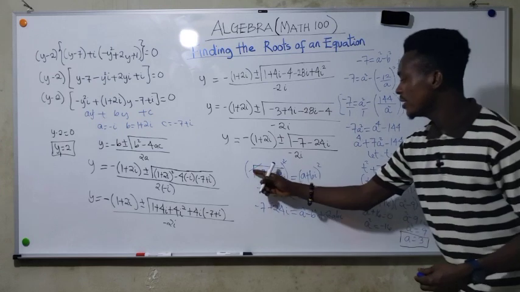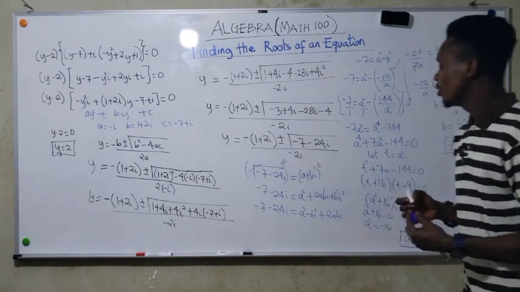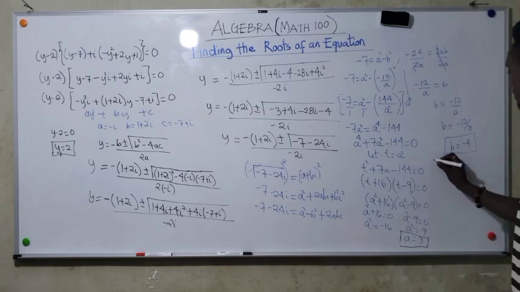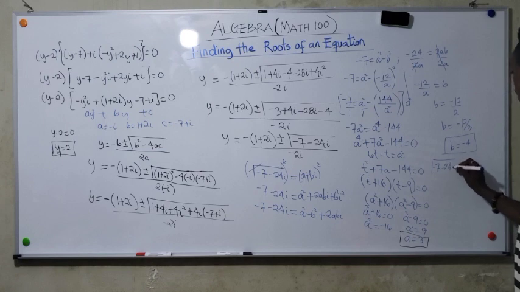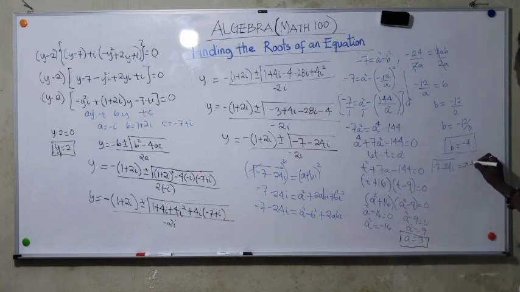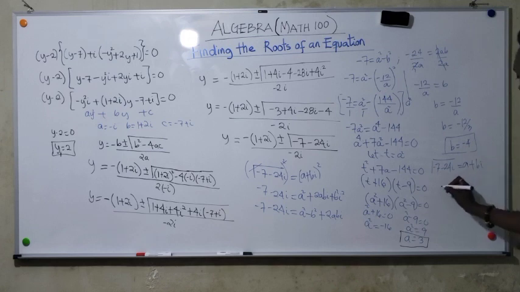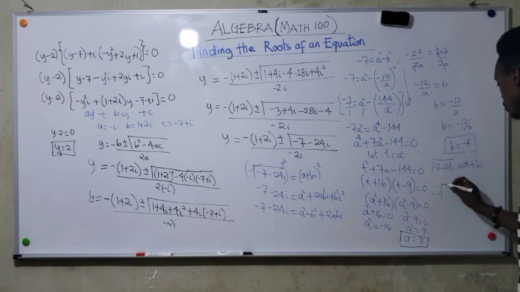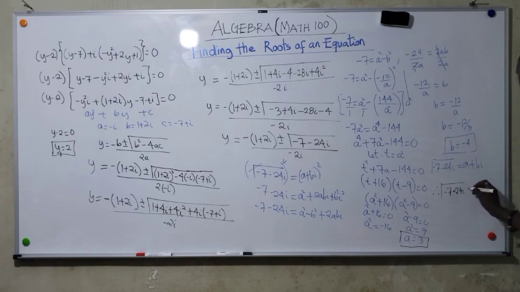Remember, we said that this complex square root, the square root of minus 7 minus 24i, is equal to a plus bi. Therefore, the square root of minus 7 minus 24i is now equal to 3 minus 4i.